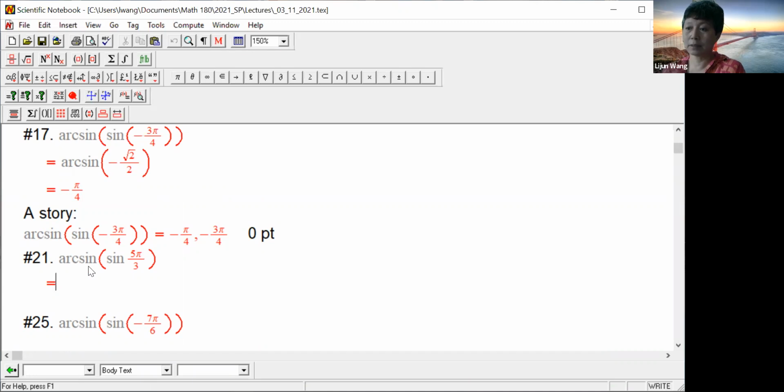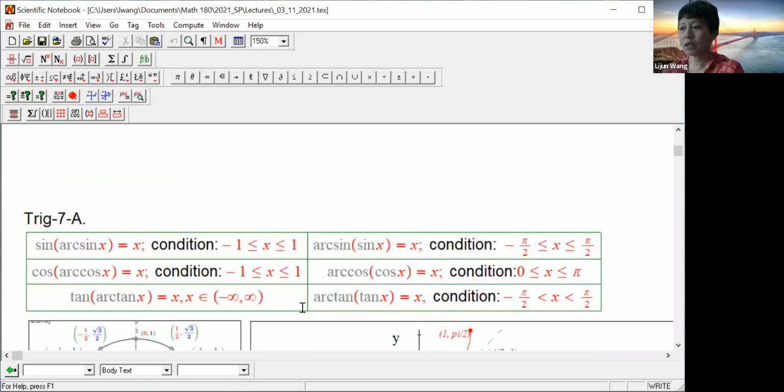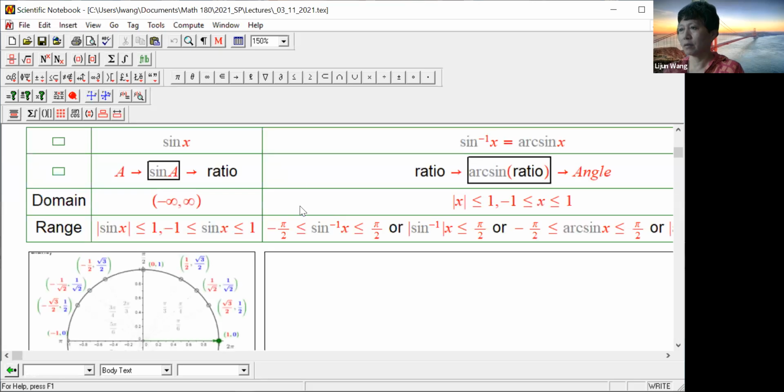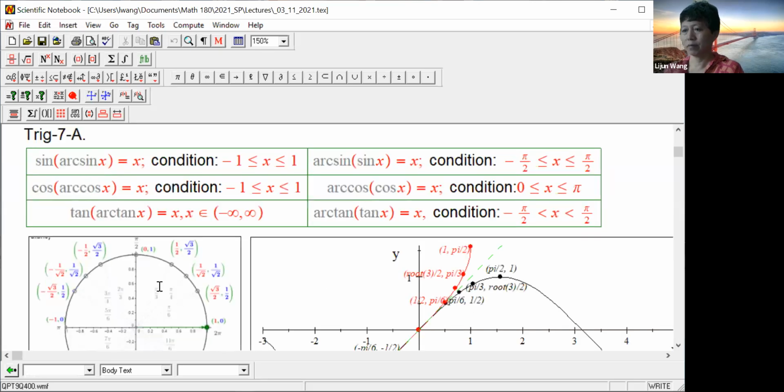In these cases, what is really useful is this stuff here: either the unit circle or the curve. You may not have those pictures in front of you directly, but in your head you have those.